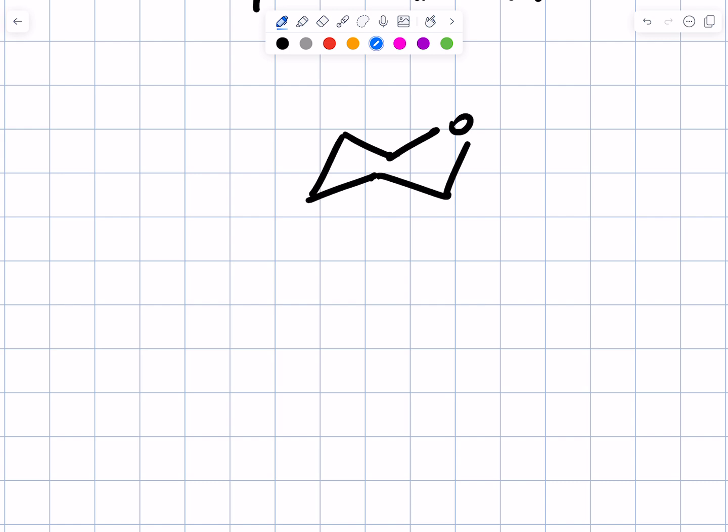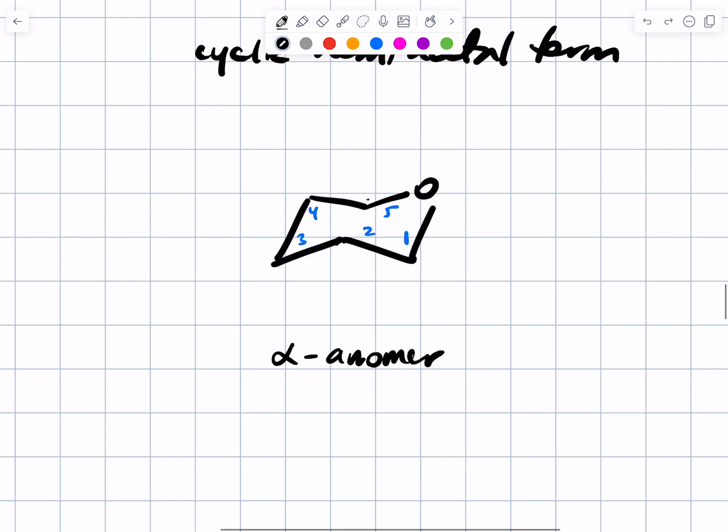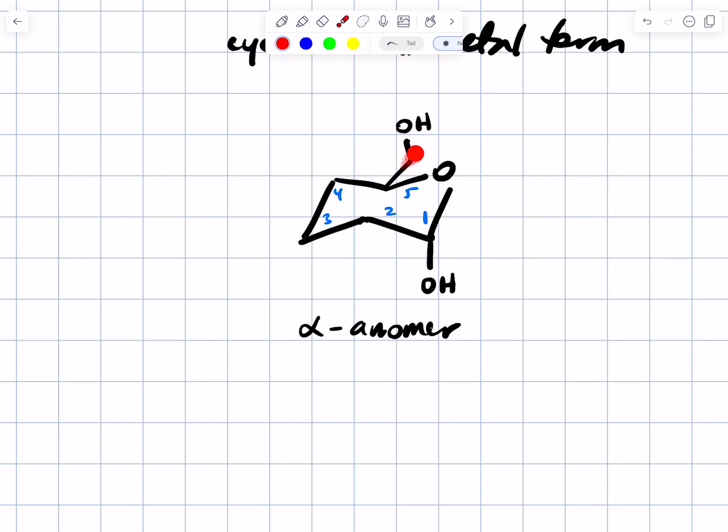So that means we're going to keep everything about glucose the same, but we're going to switch the stereochemistry at C2. We're going to start by drawing the alpha anomer. That means at carbon 1 and 5, the hydroxymethyl group at C5 and the hydroxyl at C1 need to be on opposite sides of the ring, up and down, trans.